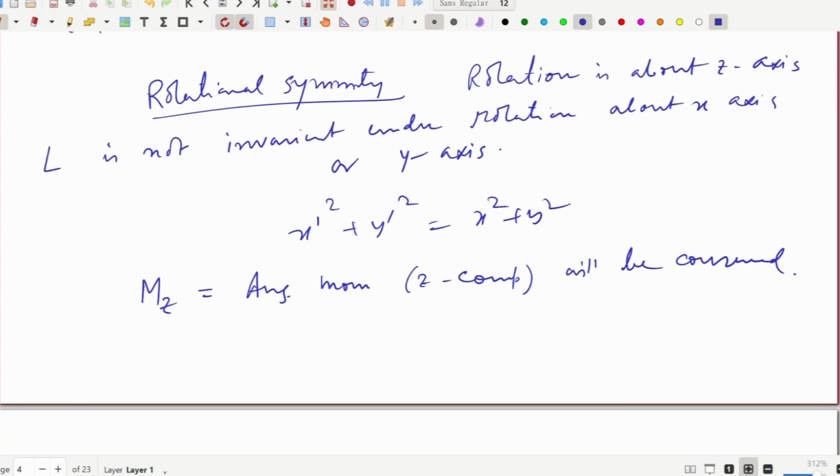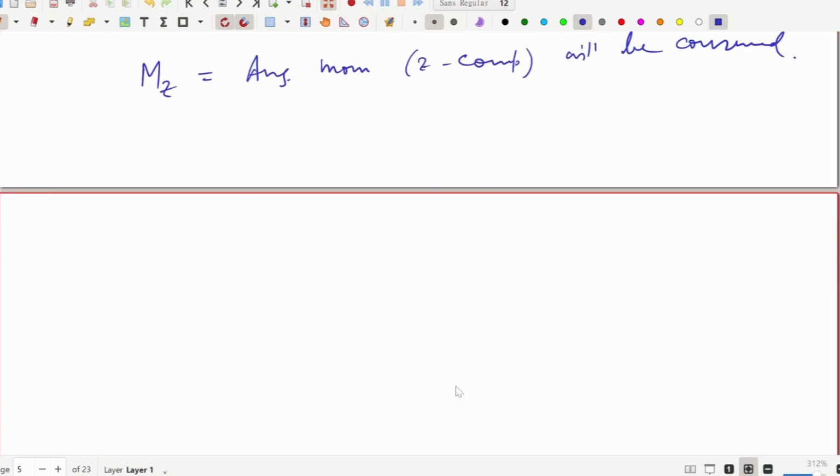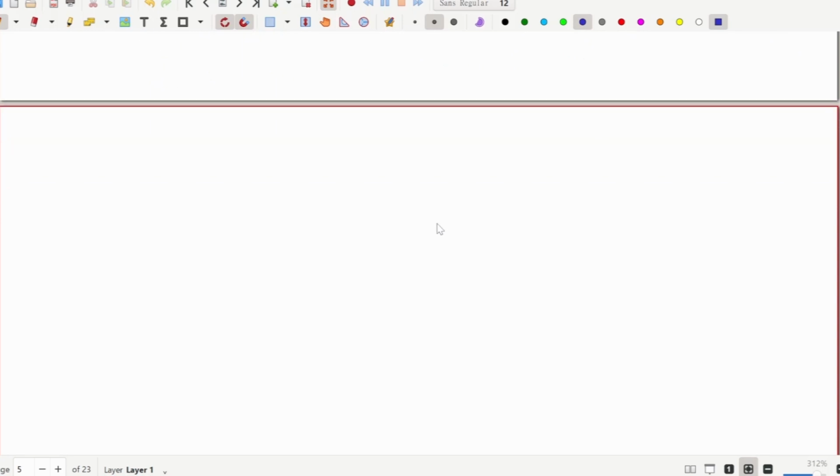Of course, I remind you that for symmetry you need not check the Lagrangian; the only requirement is that the action should be invariant. But if your Lagrangian is invariant, which is more strict, then of course the action will be invariant. Even if the Lagrangian changes by a total derivative, or changes trivially, the action is invariant and you will have the same symmetry and conservation laws.